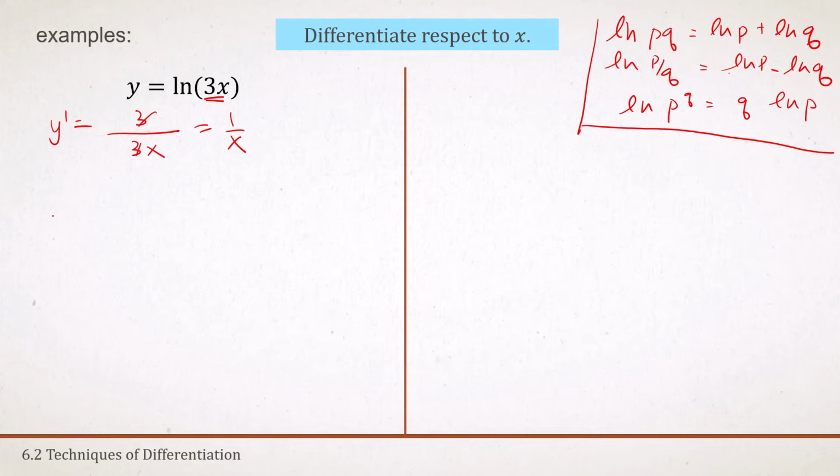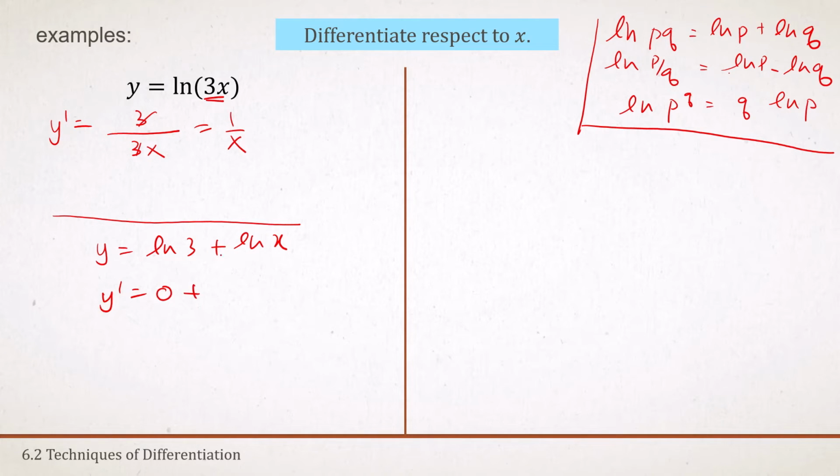Okay. At the same time, I can use the feature over here, ln pq equals ln p plus ln q. So my y actually is ln 3 plus ln x. Now, y prime, differentiate ln 3 actually is 0, because ln 3 is a number or a constant. And differentiate ln x, we learned that is 1 over x. So if you look at here, the answers are the same.